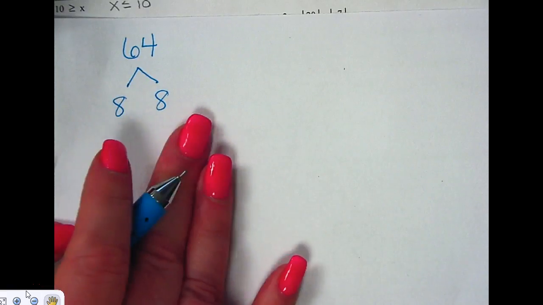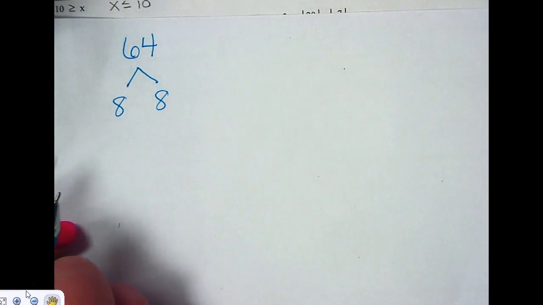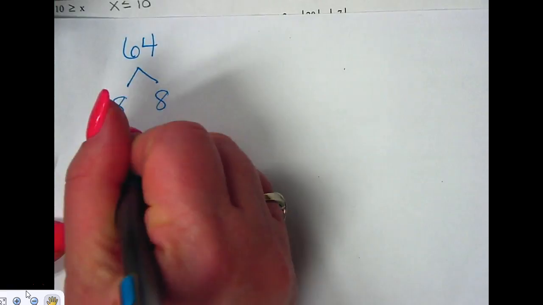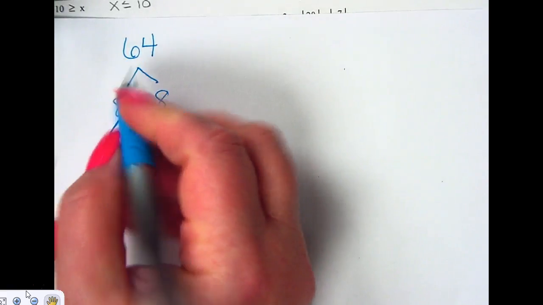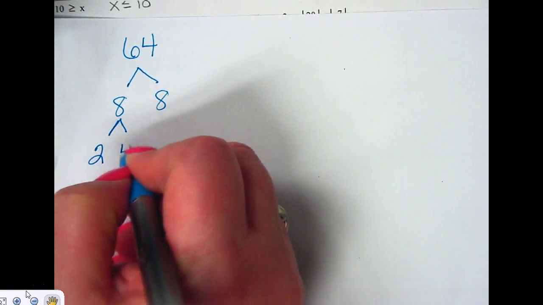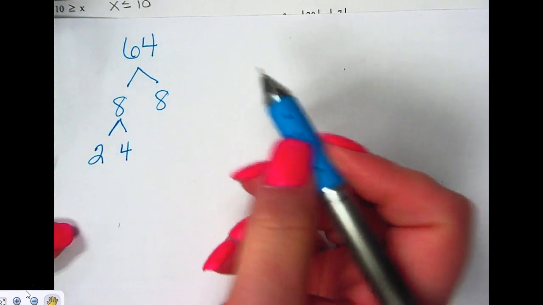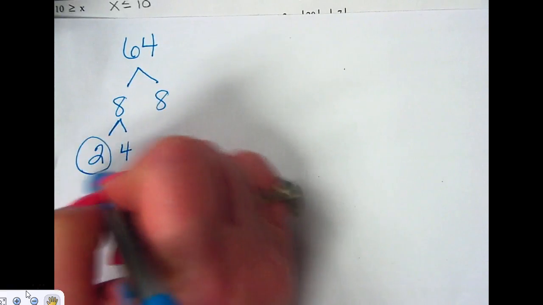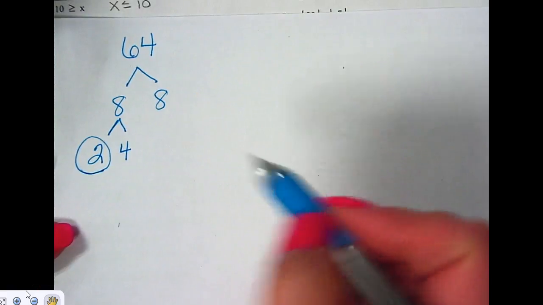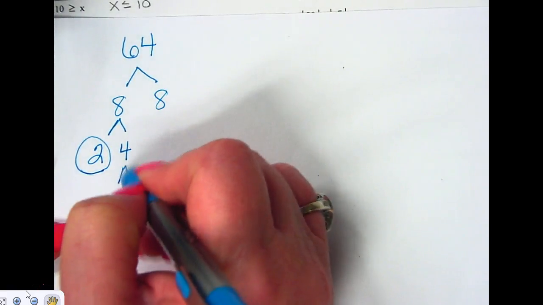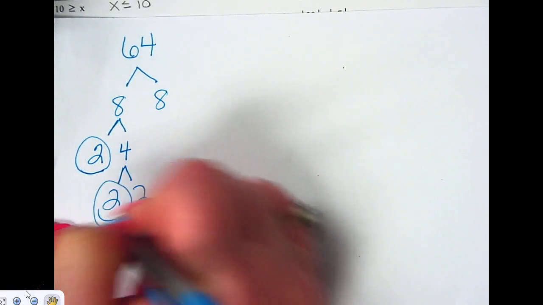Are those prime or are those composite? Composite. So 2 factors of 8 are 2 times 4. 2 is prime. 4 is composite, so 2 factors of 4: 2 times 2.